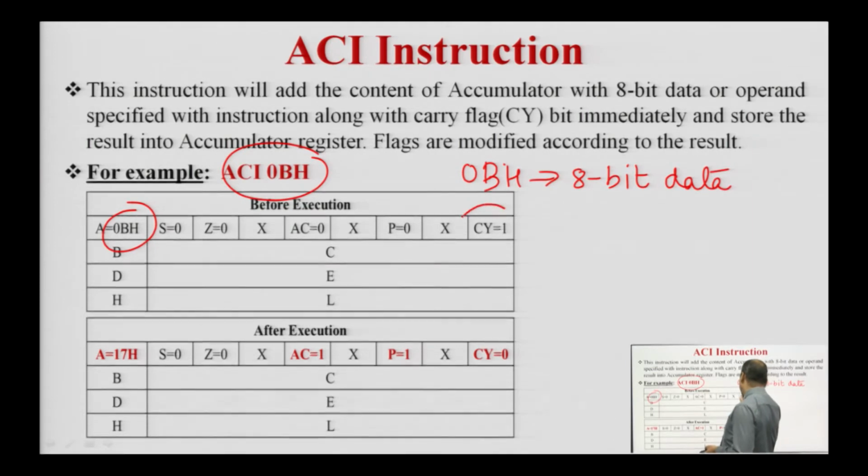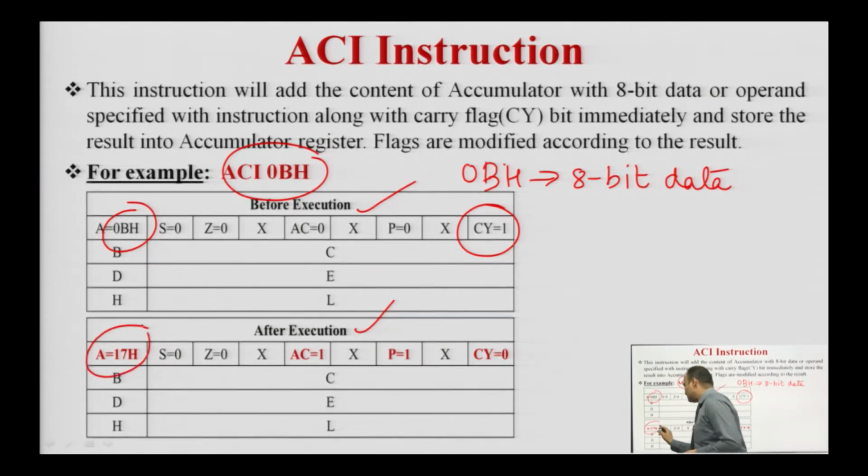The carry flag is set before the execution of the ACI 0BH instruction. After the execution, the content of the accumulator becomes 17H, or we can say that the result of this addition is 17H.